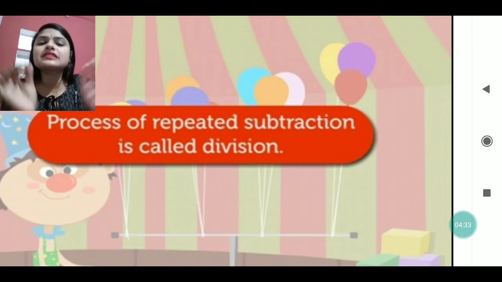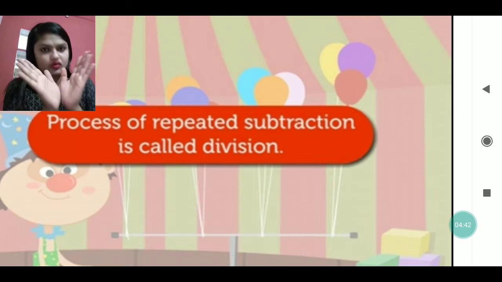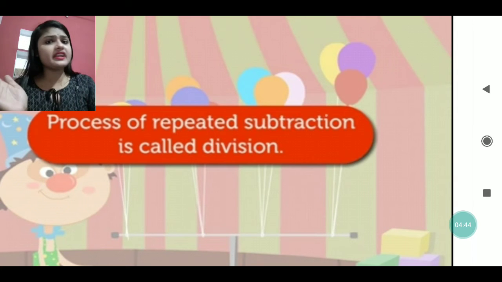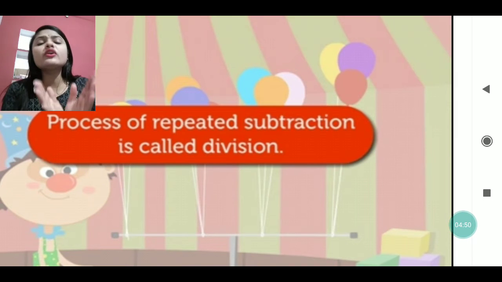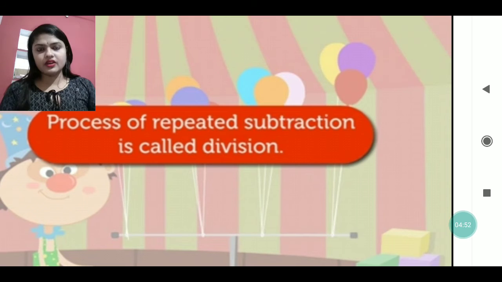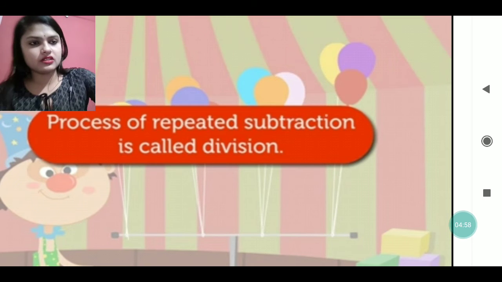When we are separating anything equally, that is division. The total was 10, I separated it equally, so 5 in one hand and 5 in the other hand. That is division. So what are we doing? We are subtracting here. In division we are decreasing the number, so division is also called repeated subtraction.